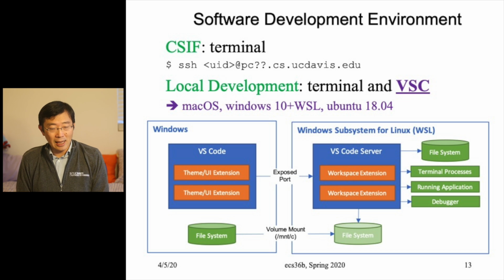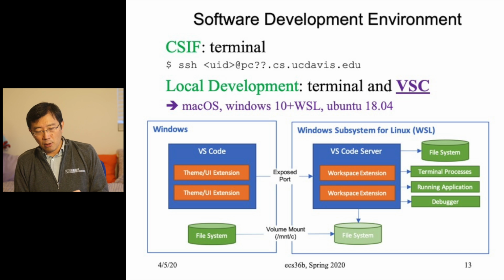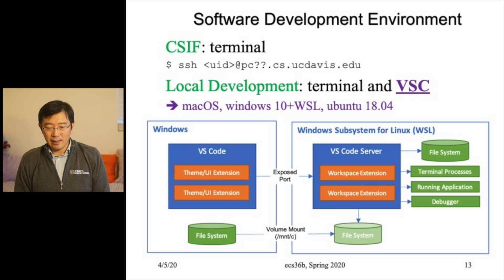It basically gives you a nice GUI and editing environment where you can develop your code. But when you execute the code, it will be moved to the other side, which is the WSL side, which is the server side. By the way, this server right now, based on the tutorial I provide, is also going to be running on the same system.